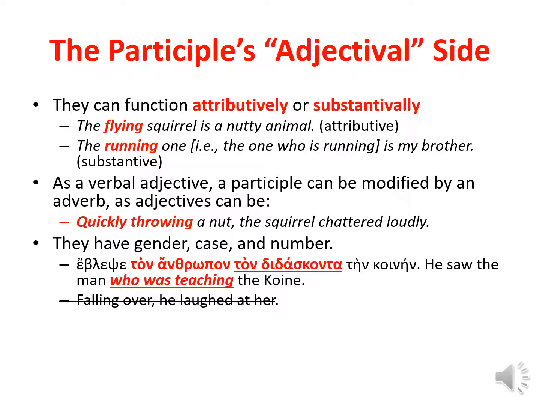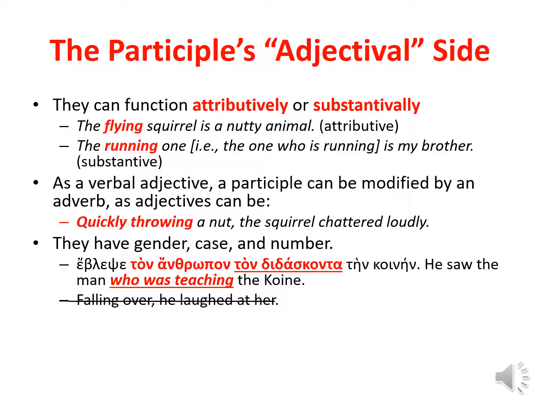And actually, this gives Greek somewhat of an advantage in clarity over English. One of the many reasons why Greek is better than English. Something that happens in English here: falling over, he laughed at her. Now, this is what we call the dangling participle. And if you look carefully, you might be able to tell what the ambiguity is. Who is it that's falling over?